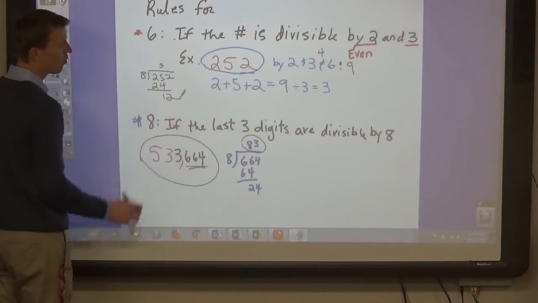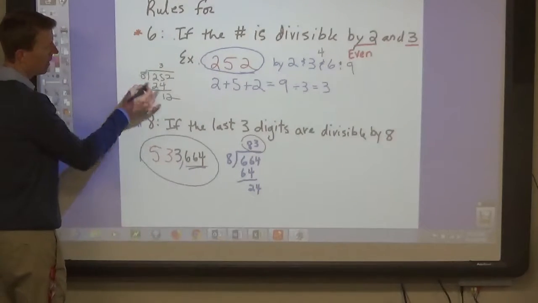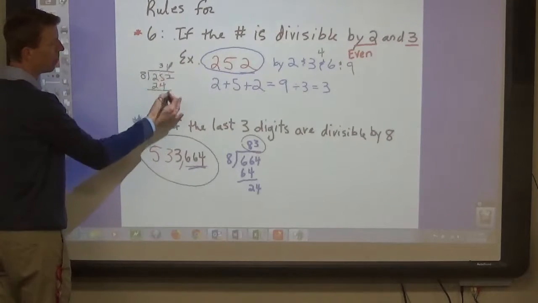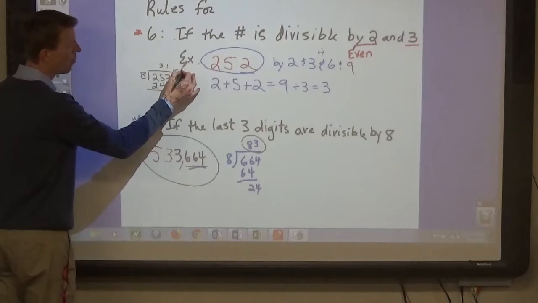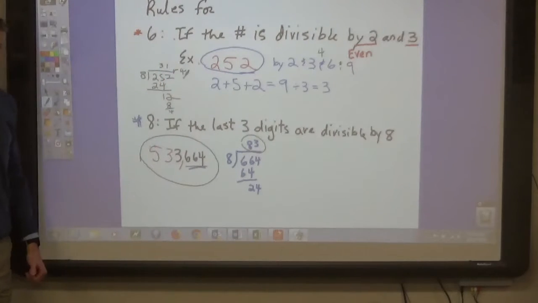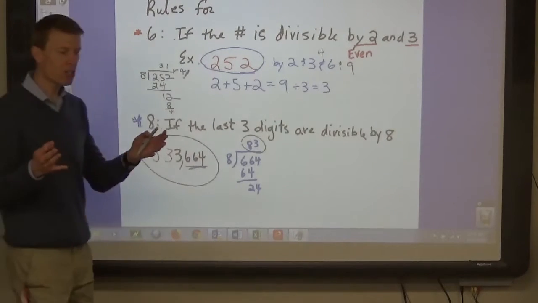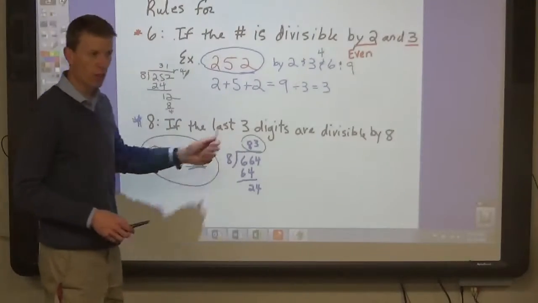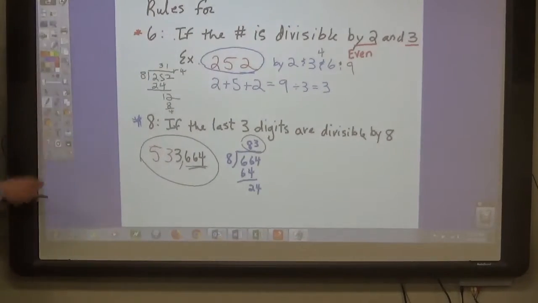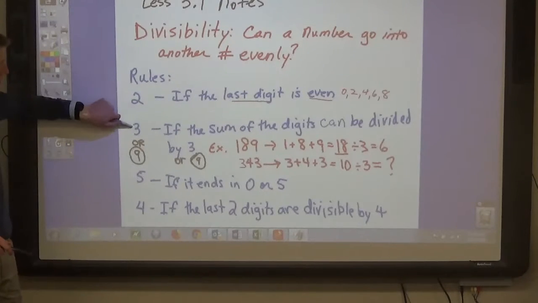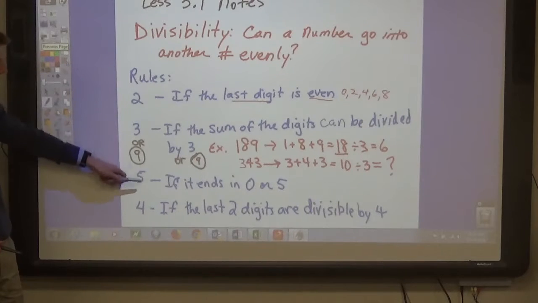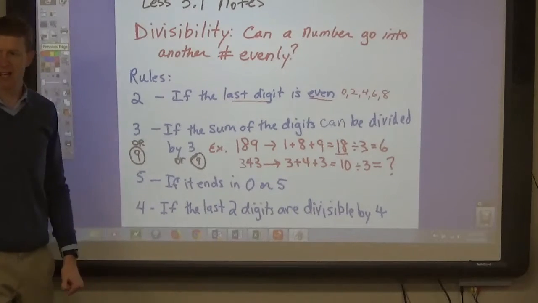Remainder 1, bring down the 2. 8 goes into 12, 1 time. Remainder 4. So, is it divisible without a remainder? No, it's not divisible by 8. Okay? So, there's a lot of information here, but with these rules, you can check to see if a number is divisible by 2, 3, 9, 5, 4, 6, and 8.